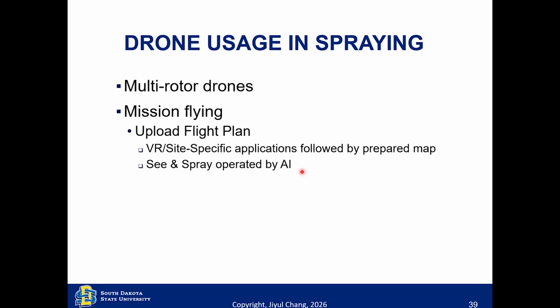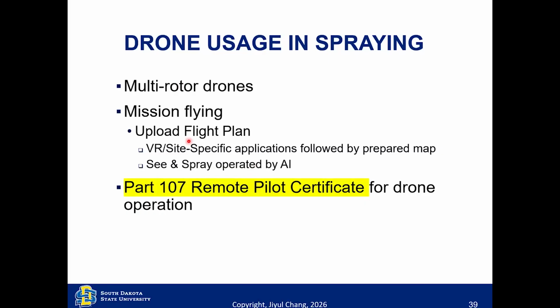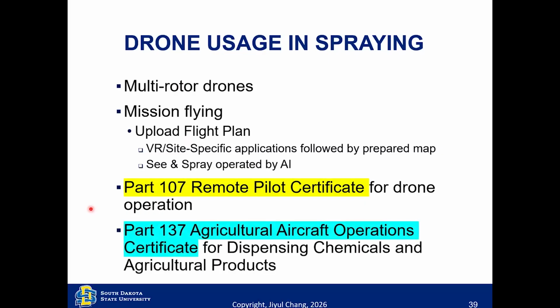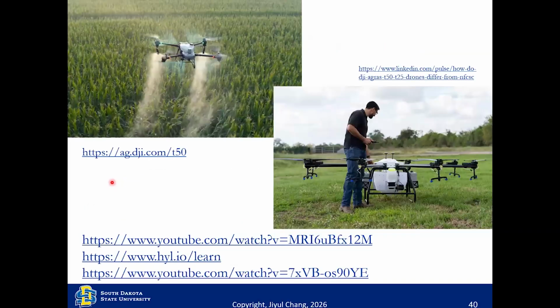And if the plant has some problems, and maybe it's not healthy, we have to spray the fertilizer, or if the drone detects a weed, you have to spray the herbicide. So that's the see and spray technology. And to do this, again, you need the Part 107 pilot license, or the Part 137 agricultural aircraft operation certificate as well.